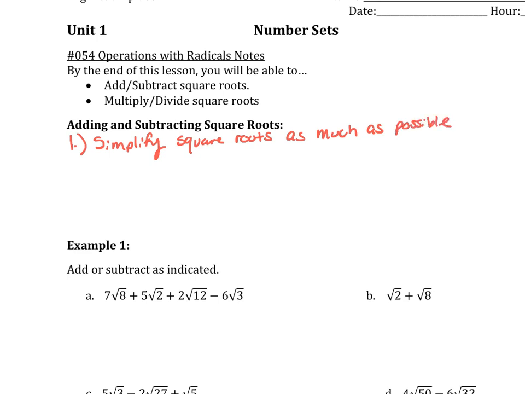And also don't forget, if there's a number out in front of a square root, like if we had 7 square root of 18, we had this 7 here, when we're multiplying, we have to not forget to multiply that 7 by whatever we get when we're simplifying. So don't forget about any numbers in front; you need to multiply.